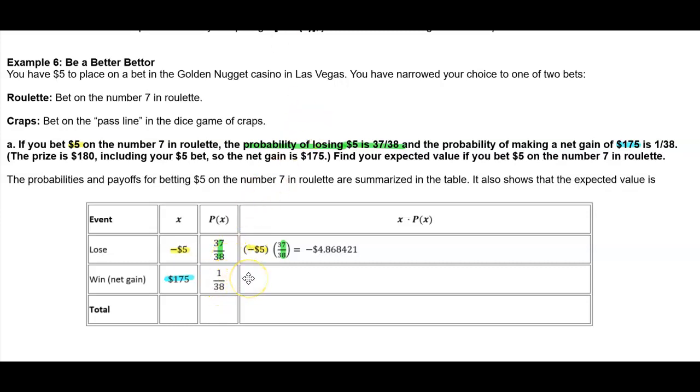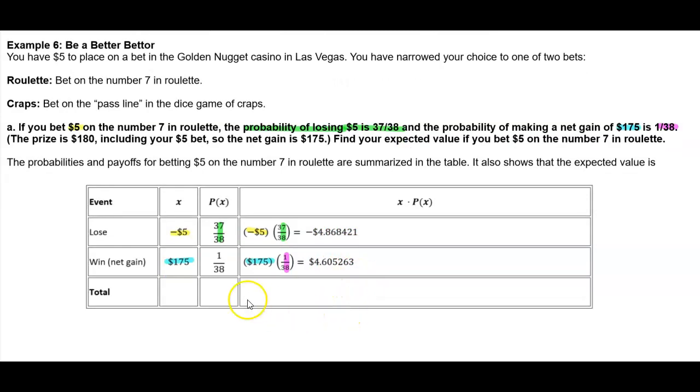Well, the probability of winning is 1 over 38. So now what we're going to do is we're going to take that 175 and then we're going to multiply it by the probability of winning, and then we get 4.605263. You can see here I rounded to 6 decimal places, and that's the best thing that you can do there so that you don't mess up your calculations.